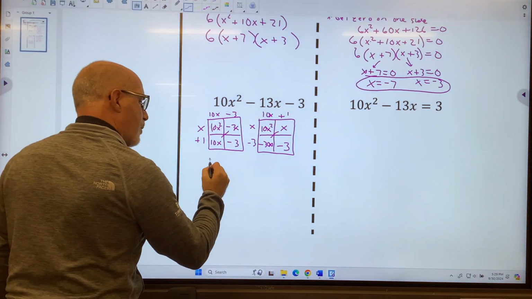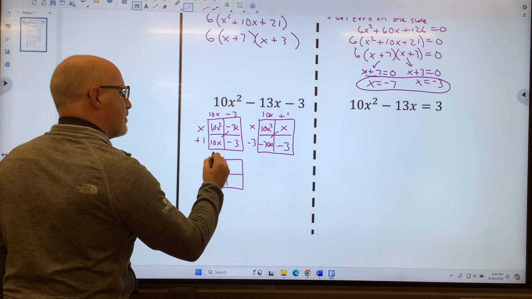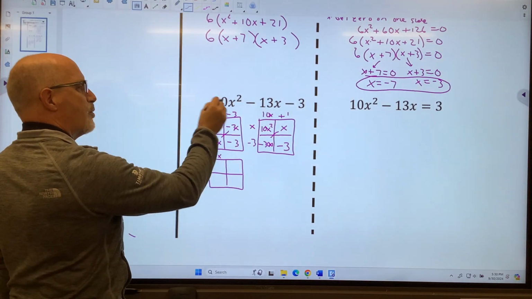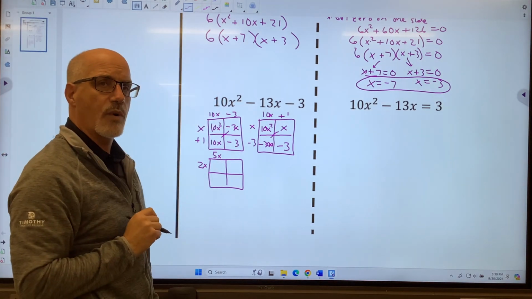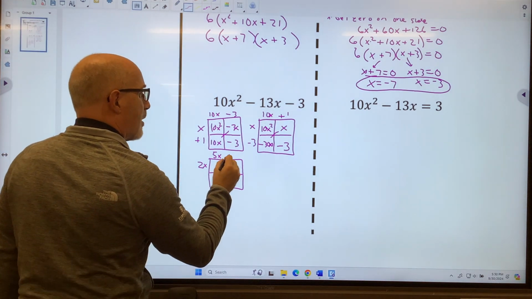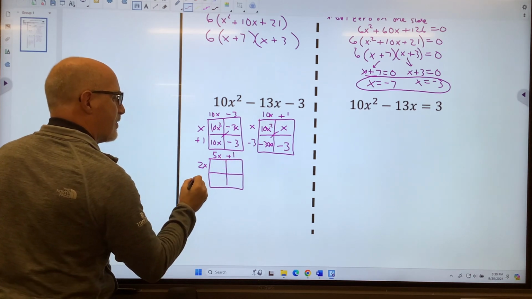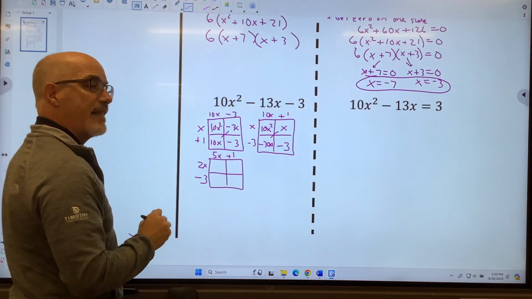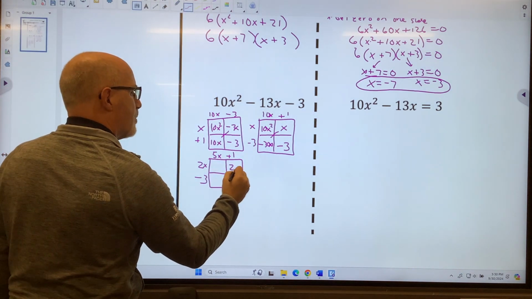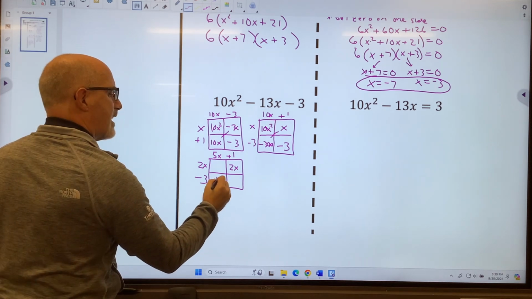So let's try one more here. We're going to do 5x and 2x instead. Let's try 5x times 2x gives me that 10x squared. Now for the negative 3, I can make it a positive 1 and a negative 3 here. Try that out for my negative 3. 2x times 1 gives me 2x. Negative 3 times 5x is negative 15x.